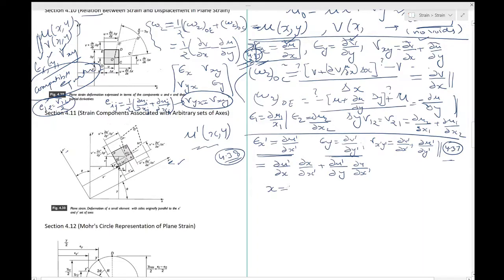x is equal to x dash cos theta minus y dash sine theta. Let's see how they can be written. If you take any x, say you want to consider any point, let me just write another diagram.